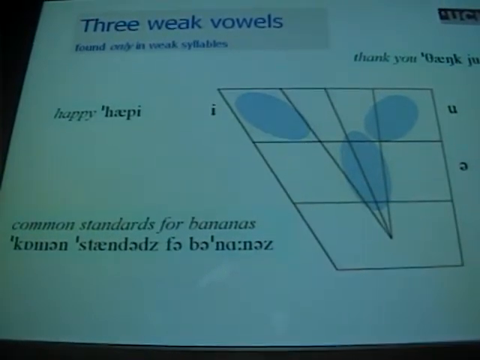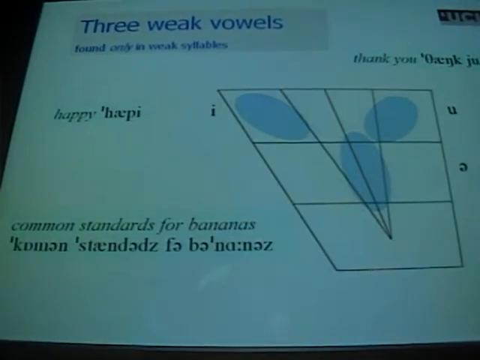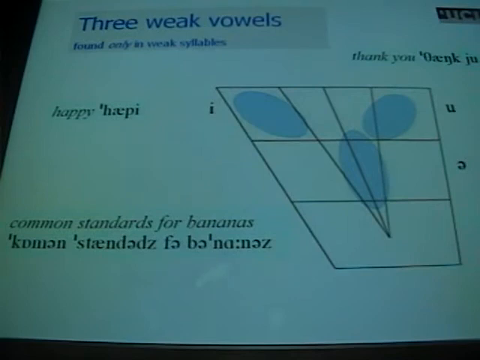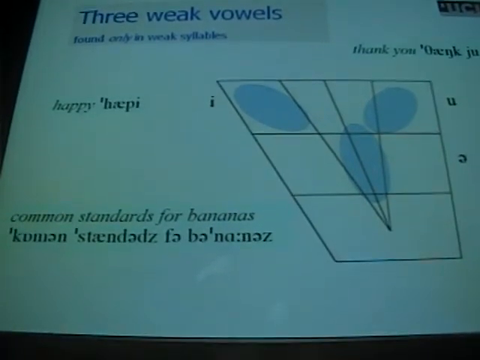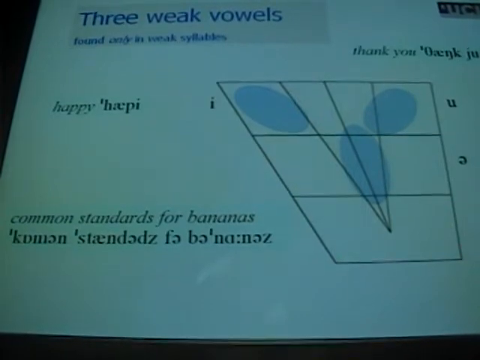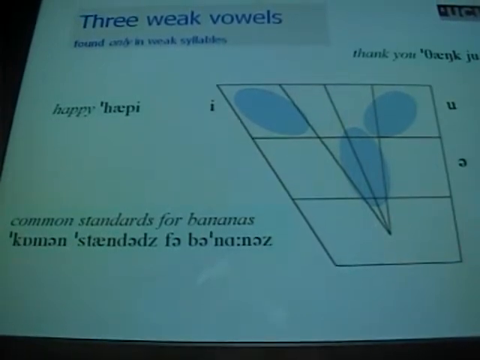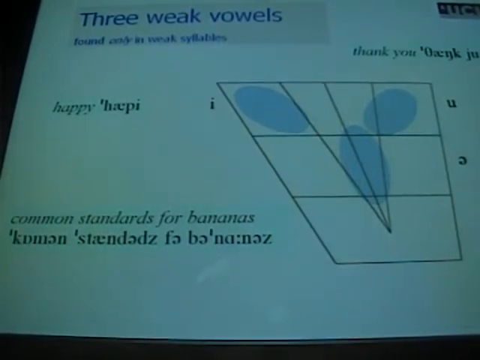And we don't in English say common standards for bananas with full vowels. We say common standards for bananas, bananas, bananas. You can hear that weakening, not bananas, but bananas, bananas, bananas. So that's vowel weakening.